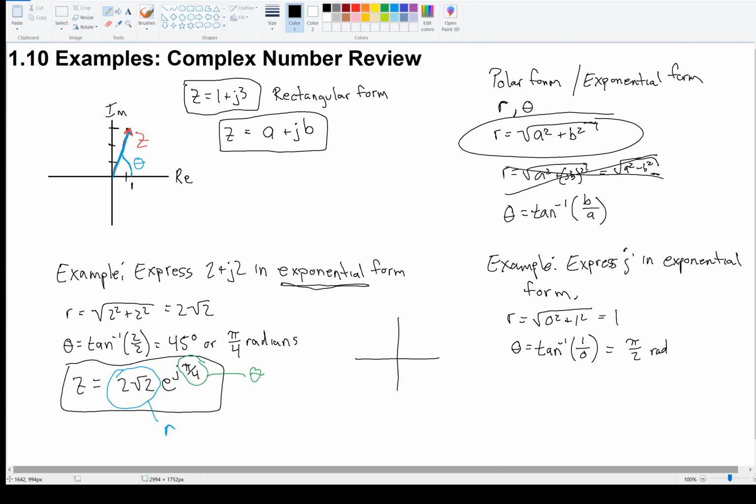Let's lean on the complex plane. If we found the vector in the complex plane, j is up here, 1 unit in the j direction, right there. So what angle is that? Pi over 2. Now we want to express our vector in exponential form.